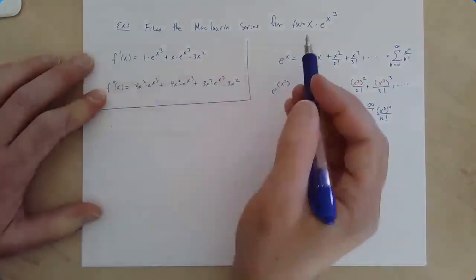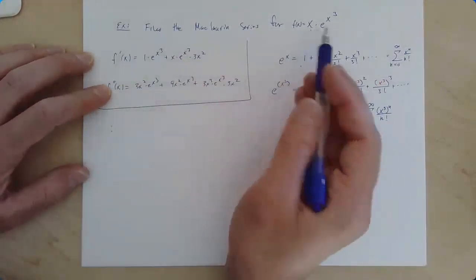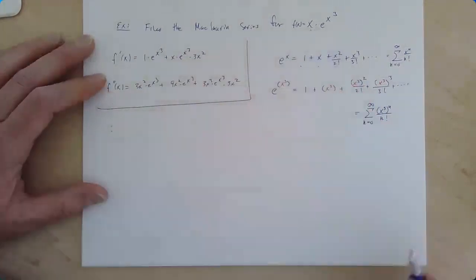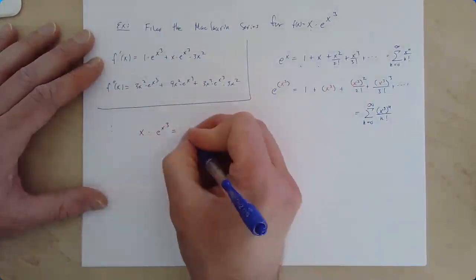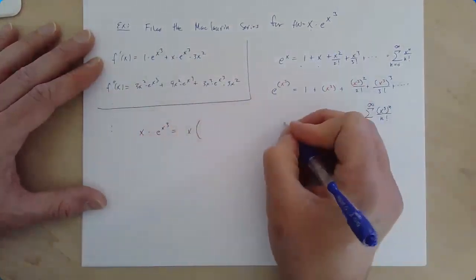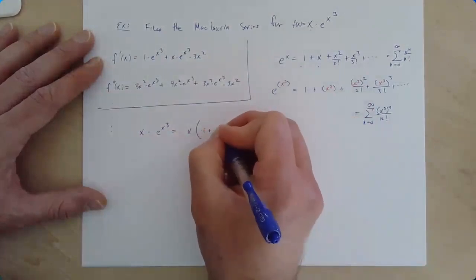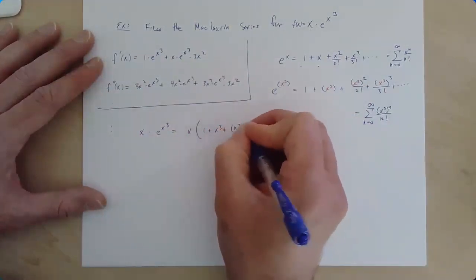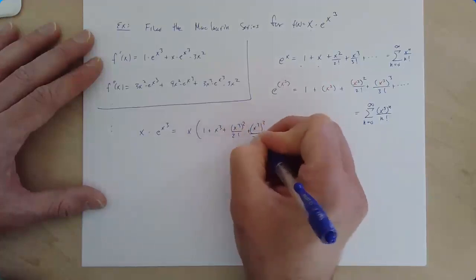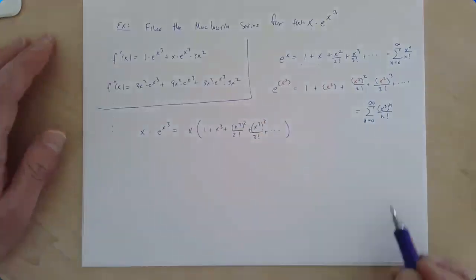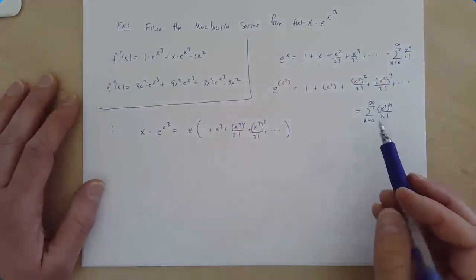And then if I want to multiply the whole thing by x, I'm just going to multiply the whole thing by x. So x times e to the x cubed is going to be x times all of that, which literally just amounts to multiplying every term in my summation by x.